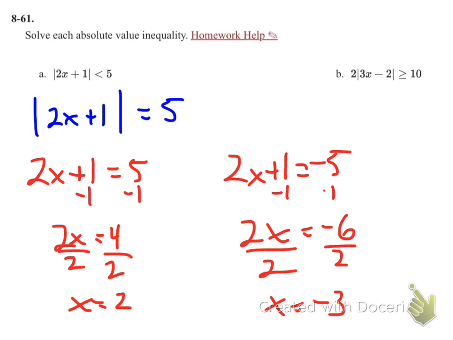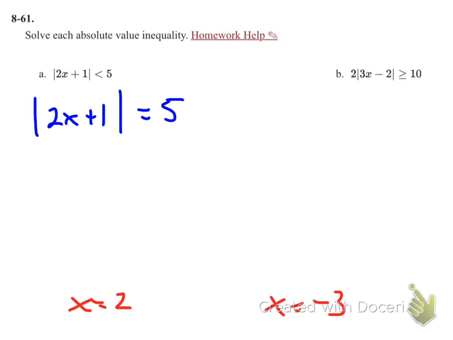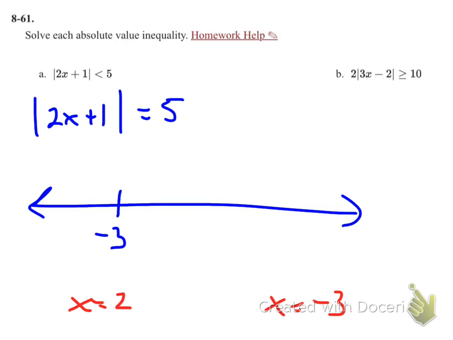Those are the boundary points, which means when I'm looking at my answers on a number line, I have negative 3 here, and I have a positive 2.